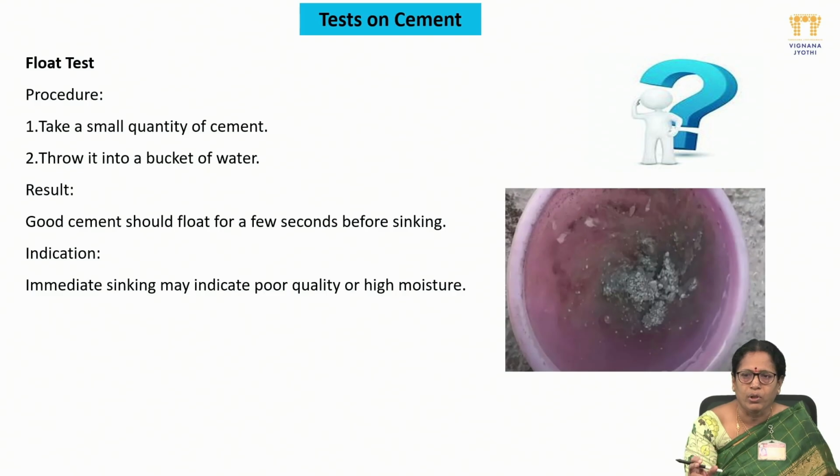And coming to the float test, take a handful of cement and throw it in a bucket full of water. Before sinking, the cement particles should float on the water. If it sinks immediately, it implies that your cement has some moisture in its particles.